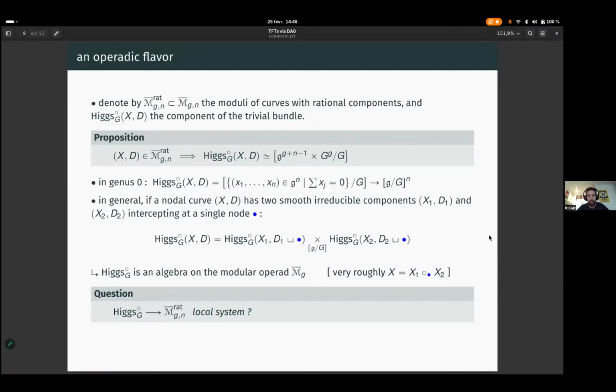Said otherwise, I consider X with two irreducible components intersecting at a single point. Turns out that my Higgs moduli behaves pretty well with respect to this structure. We say that Higgs, with this trivial bundle, is an algebra over what is called the modular operad M_g bar.